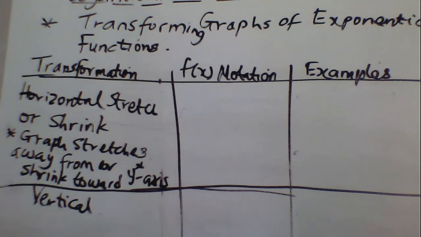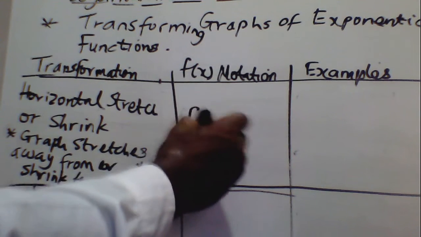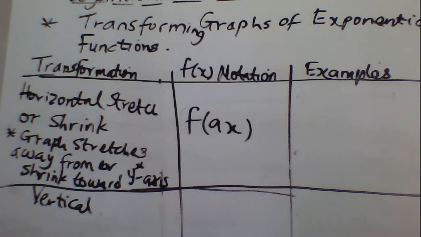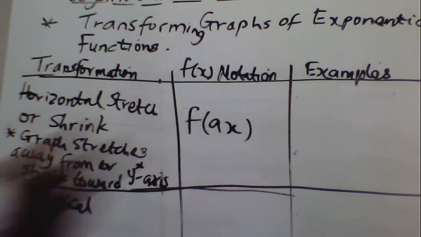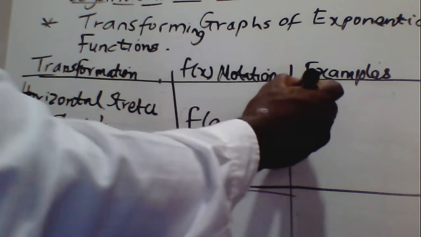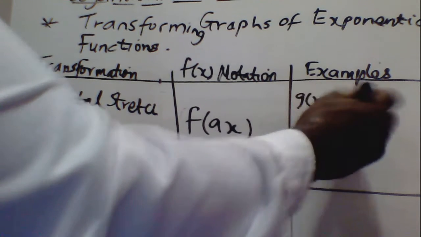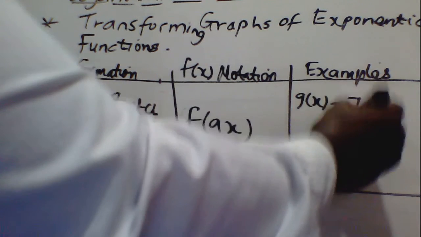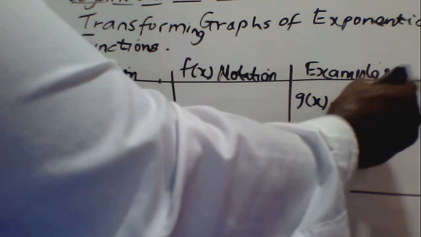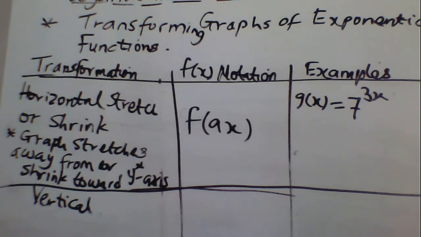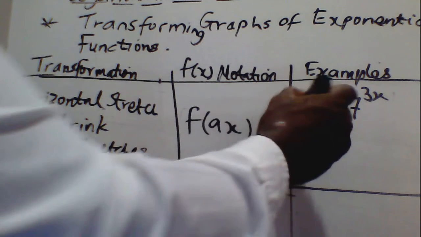In this case, the function is of this type. It's always a closed function for horizontal: f of ax. So we have g of x equals 7 to the exponential of 3x. With this, we have a shrink.